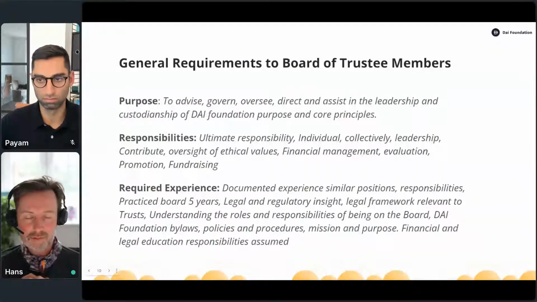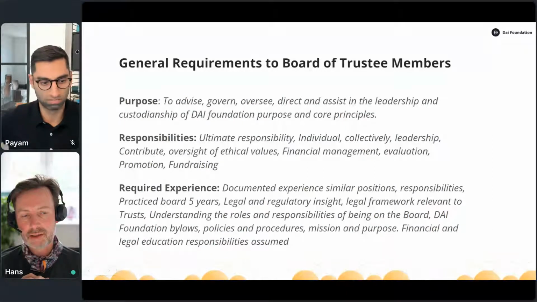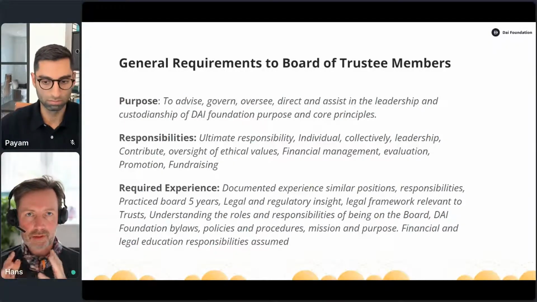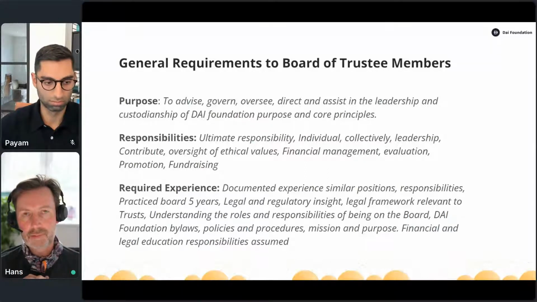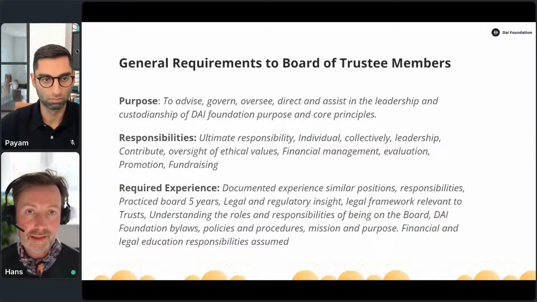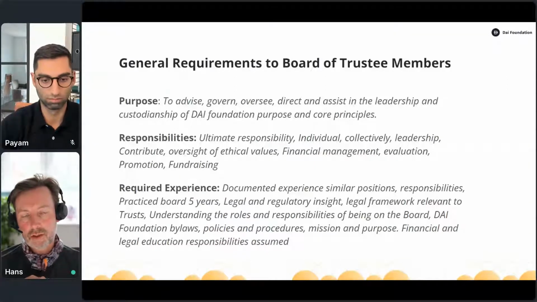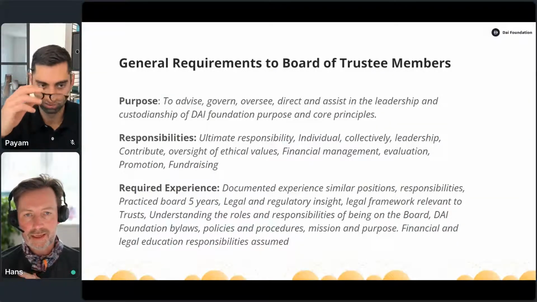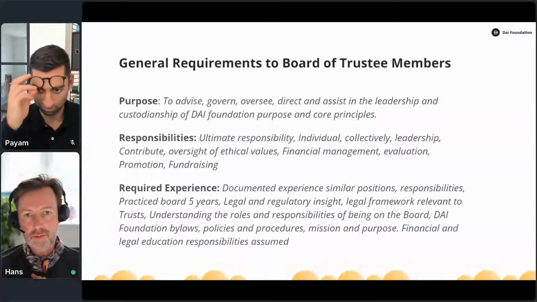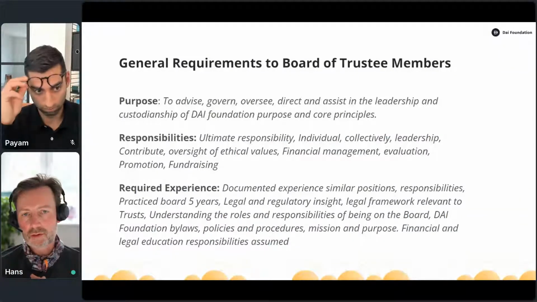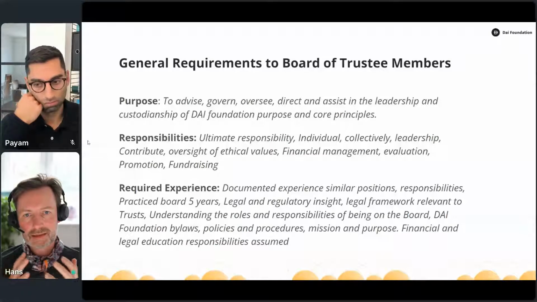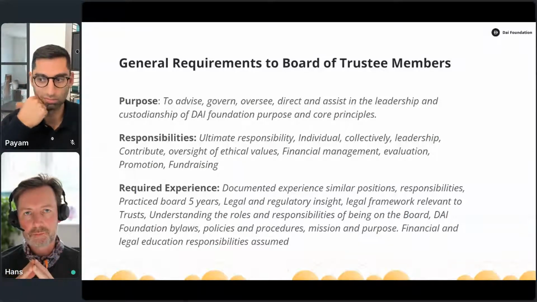Our responsibility is to continuously look to provide the best board possible within the purpose that Payam went through just before. But it's also important to say that it carries responsibility. The purpose of the board of trustees is, of course, to advise and govern and oversee the purpose, but also to direct and assist in the leadership.